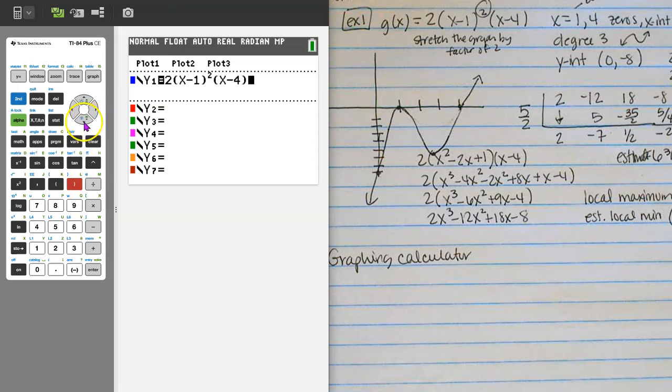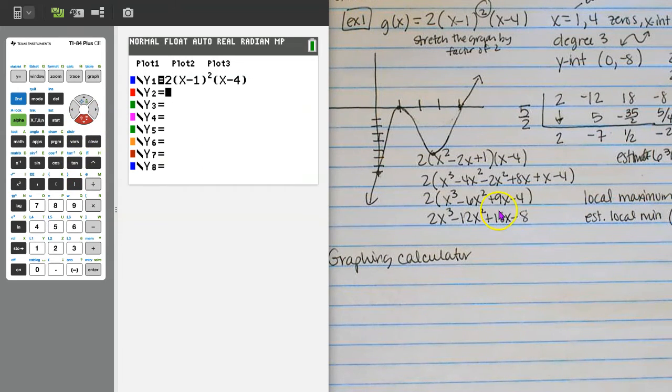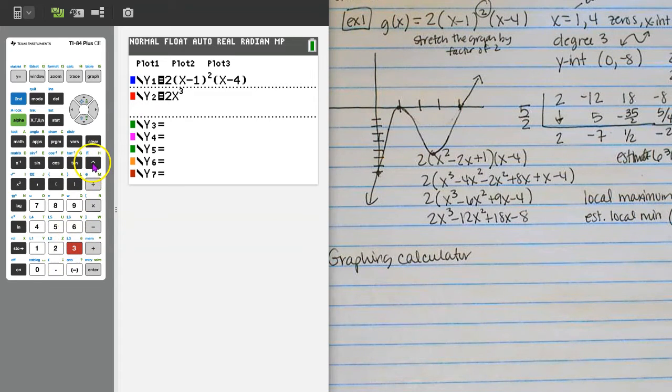I can also graph, just for fun, just to make sure that I did this part right, 2x to the third power. Don't forget this little caret symbol will give you to the third power. But I have to get out of the exponent to move on. Minus 12x squared plus 18x minus 8.